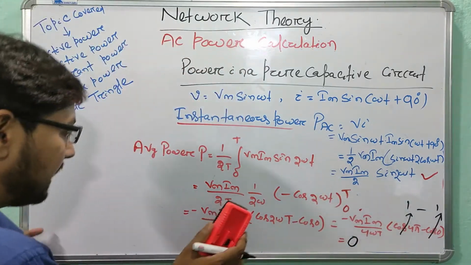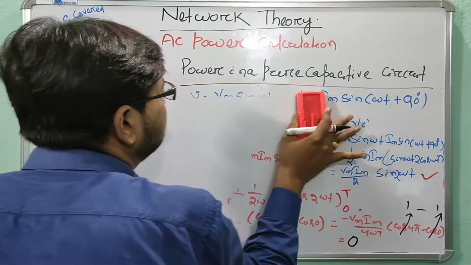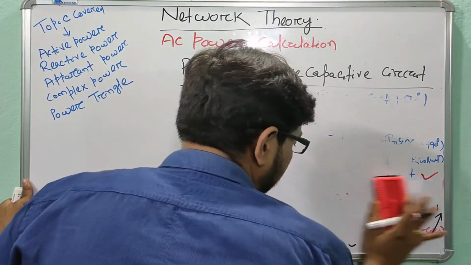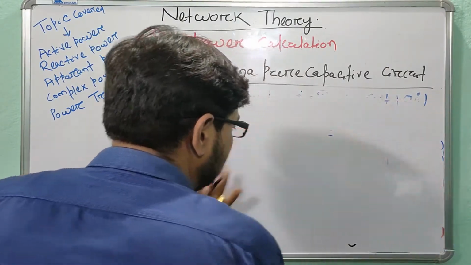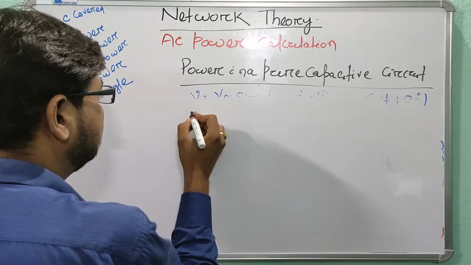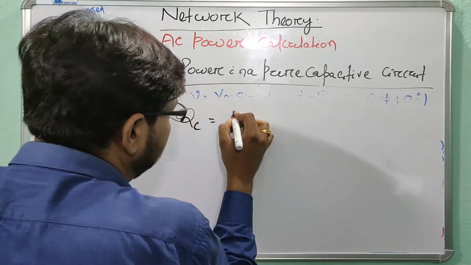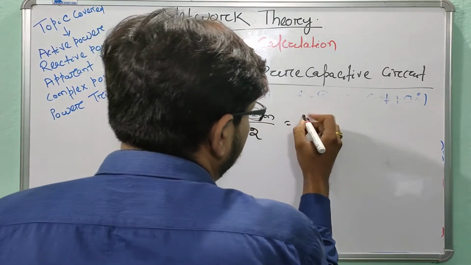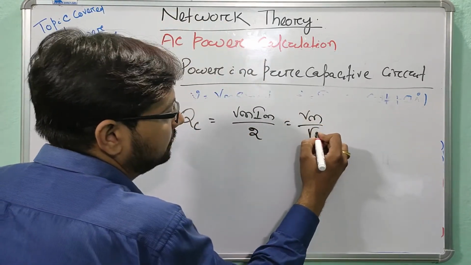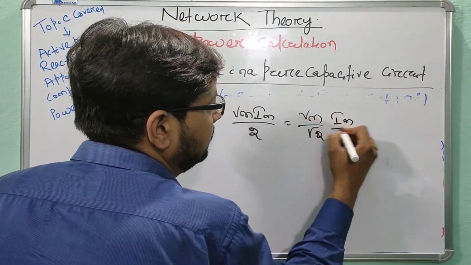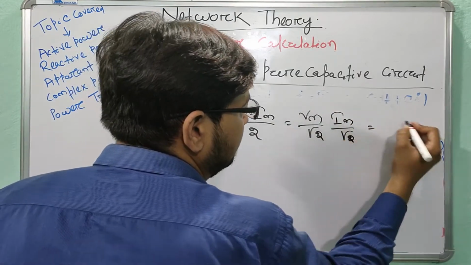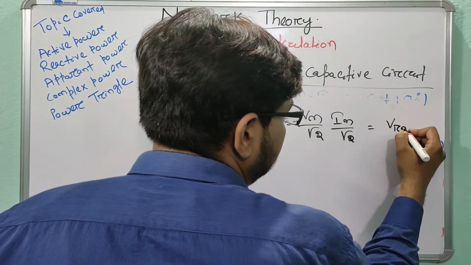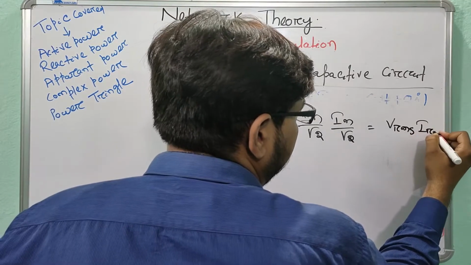Now what is my reactive power? That is QC is equal to Vm Im by 2, that is equal to Vm by root 2 and Im by root 2. Now that is equal to Vrms and Irms.